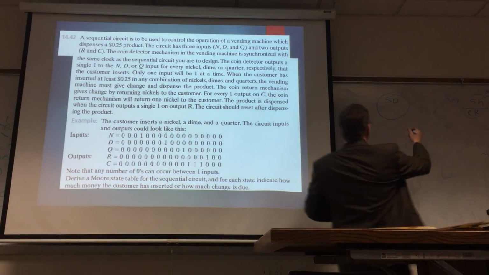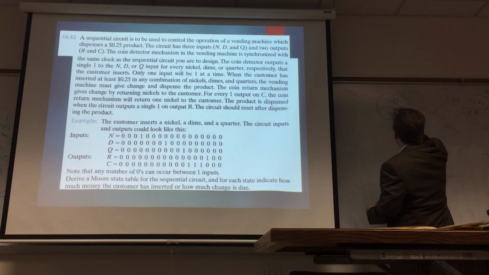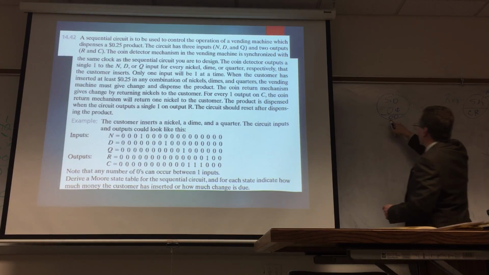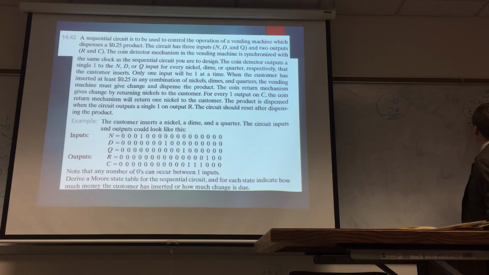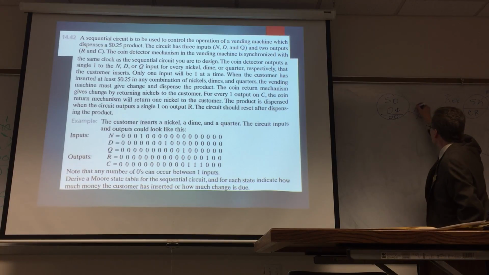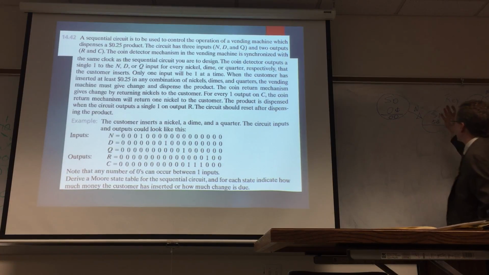All right, so really S0 is the 0-cent state, and I certainly don't want to give them any money or the product on the coin return and product outputs. But if I get a nickel, I should go to the 5-cent state, which I'm going to call state 1.